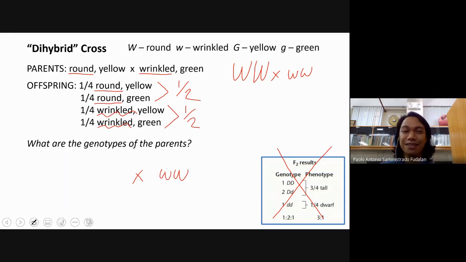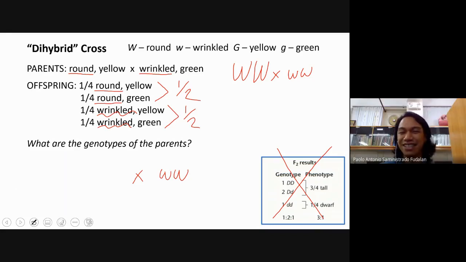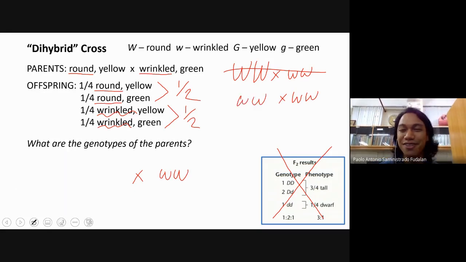Anyone? No, sir, because that would lead to all round pods, sir. Yes, okay. So not that one. What about, do we have another option? Can I use small w, small w?